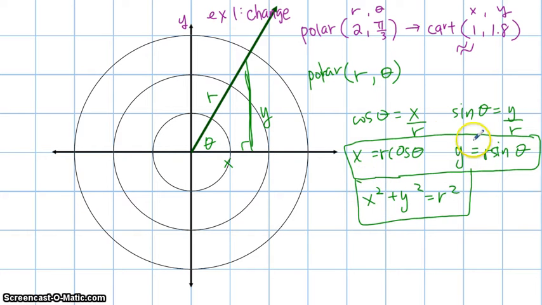And those are basically the only three formulas you really need to know to transfer from polar to Cartesian and from Cartesian back to polar. If you want to change to Cartesian, all you want to do is get rid of both the r and the theta, and get rid of the x and the y in order to change to polar.